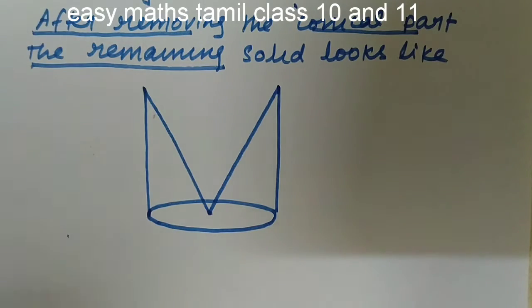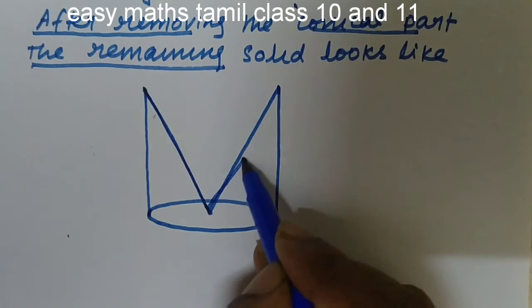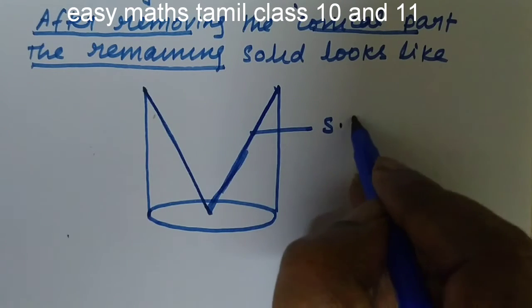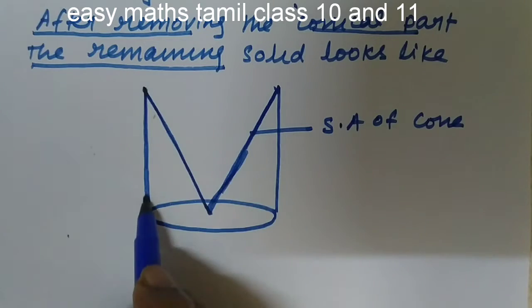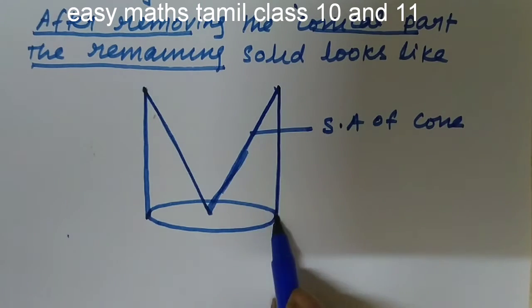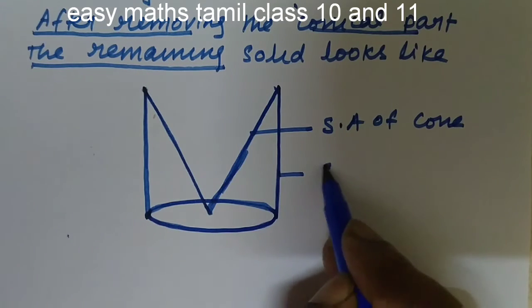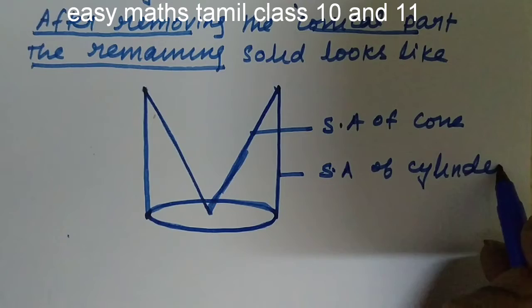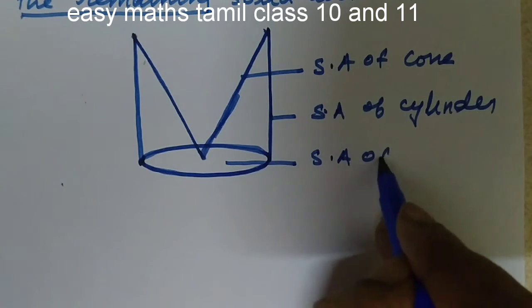Now we have to calculate this portion, surface area of cone, this portion, surface area of cylinder, this portion, surface area of circle.